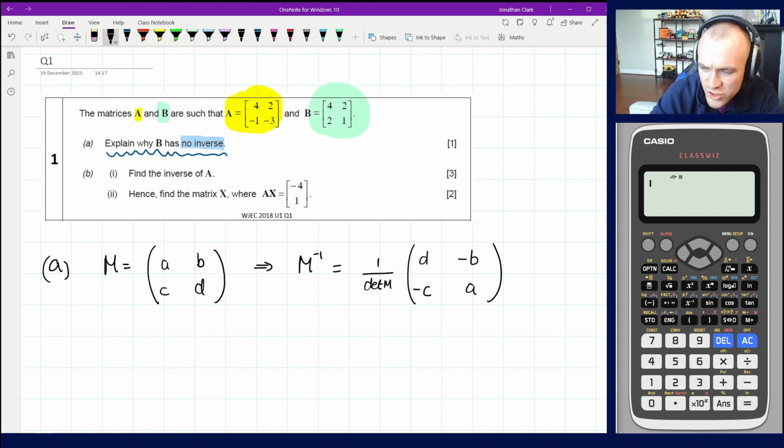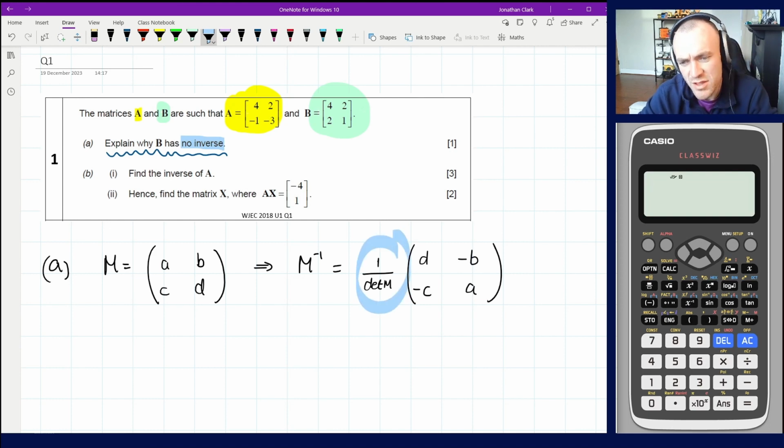That's the formula for a general inverse matrix. So why does sometimes our inverse not exist? It's all to do with this fraction here. We're dividing by a determinant.